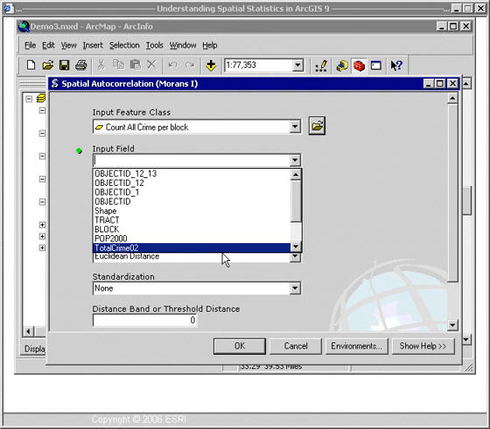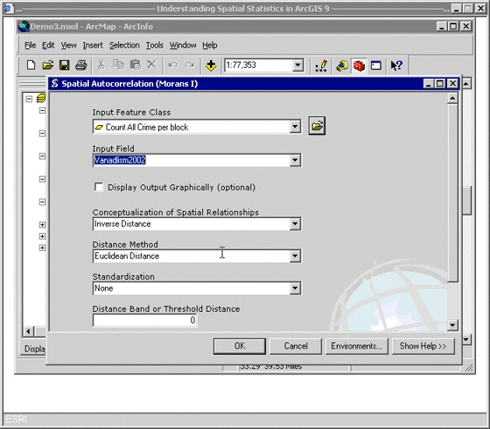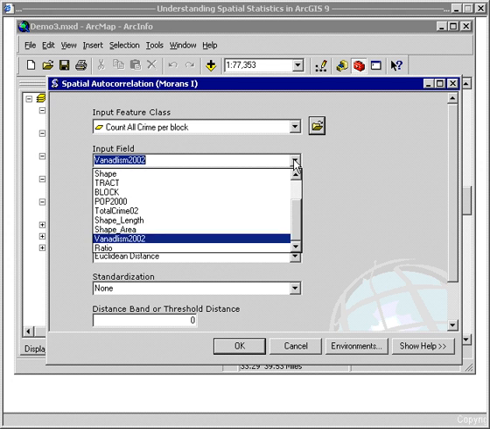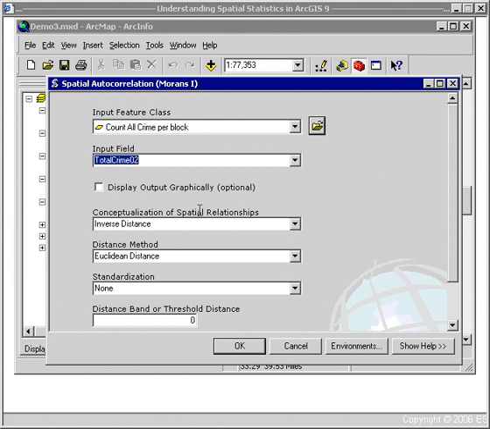So to find the most appropriate distance for evaluating clustering, I'm going to use the count of all of my crimes, total crime 02. This way, the distance that I find can act as a baseline if I want to run the same analysis for crimes other than vandalism. I'm going to check this box for displaying the output graphically.